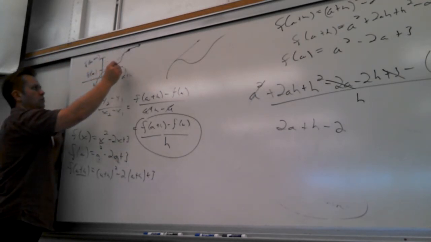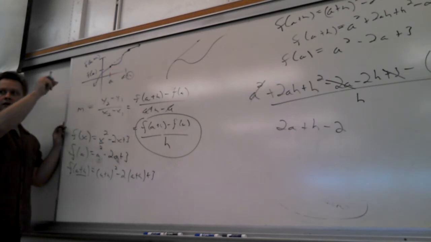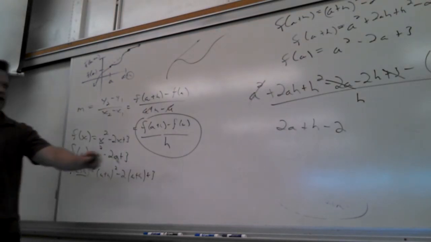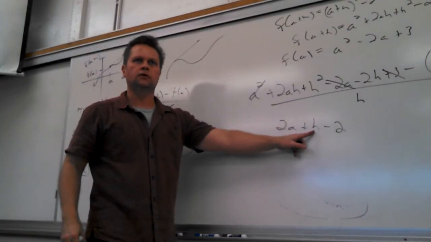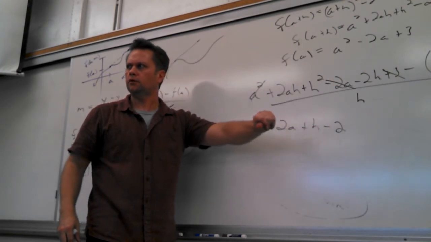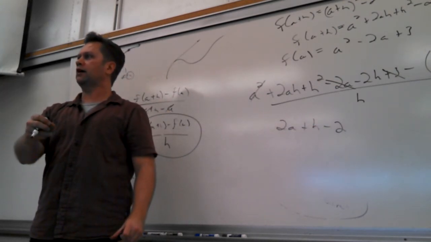How do I make this become closer and closer to 1 point? I make h get really small. Let h go to 0, and I just don't let it actually get to 0. I just approach 0. So if h were 0 here, this would be 2a minus 2, right? You guys kind of with me? A little bit? And that would be the slope at any point on that parabola.